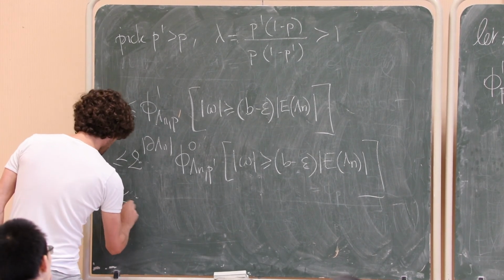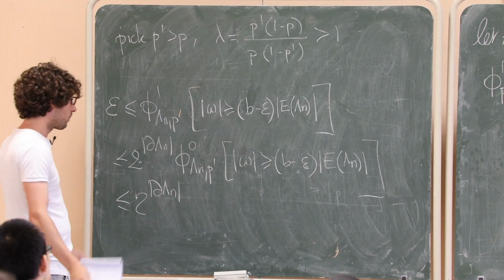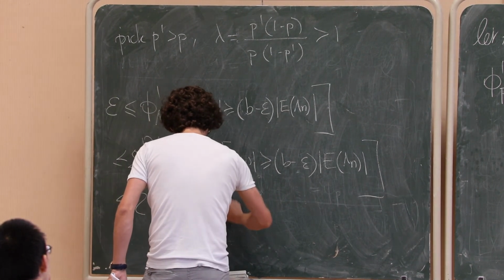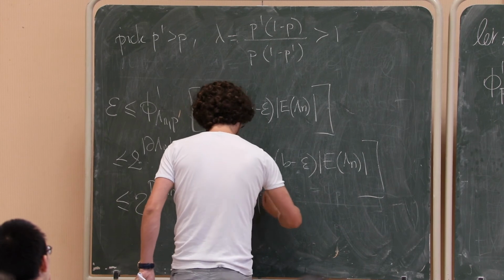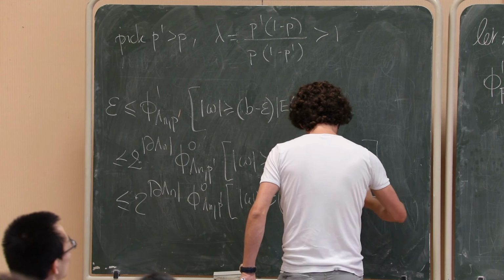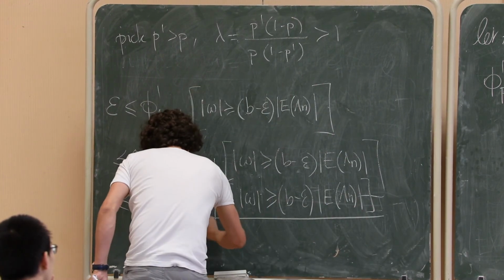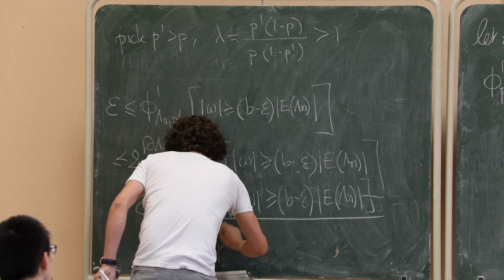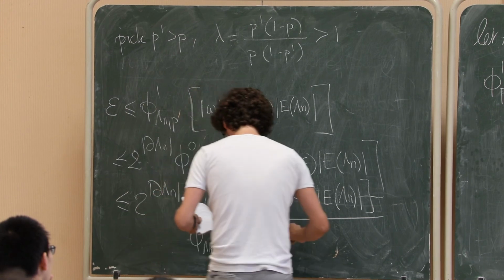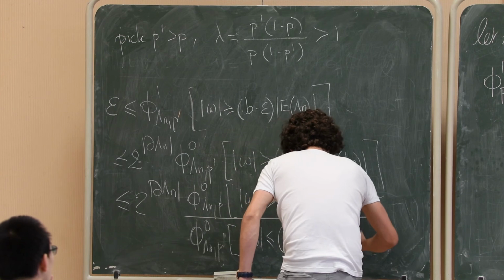So here, I'm going to put an additional thing. I'm going to lose something more. I'm going to simply pick the same thing here. And I'm going to divide by phi 0 lambda n p prime of omega smaller or equal to a plus epsilon times e of lambda n.